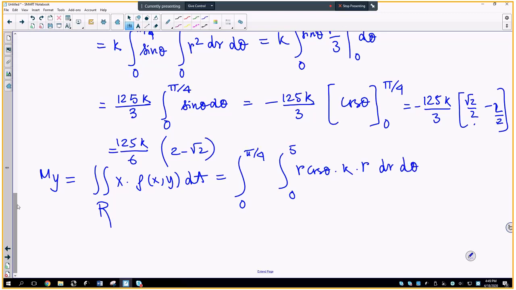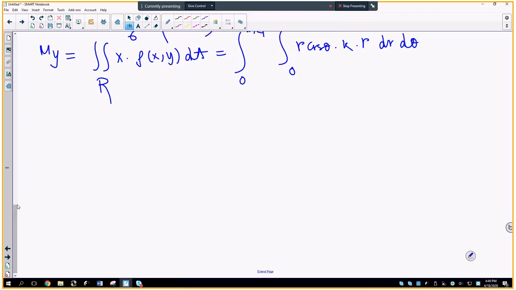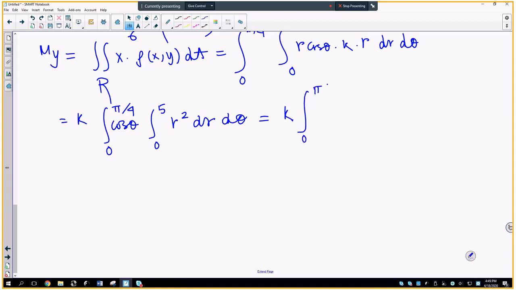Take the constant k out. You get 0 to pi over 4, and then you have 0 to 5 r squared dr. Recall cosine theta has nothing to do with this antiderivative, so I take it out. And d theta. So what I get, like the last one, is k times cosine theta r cubed over 3 between the limits of 0 and 5, d theta.